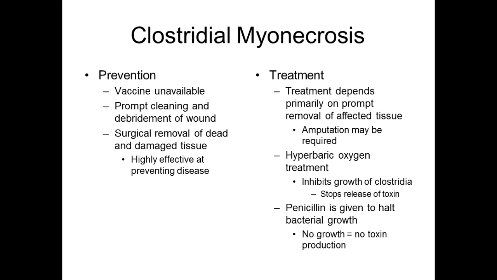And if it's too extensive of a damage, then it's more of a hindrance to the body than it's a help. Because of it being an anaerobe, oxygen under pressure conditions, so hyperbaric oxygen, is used as a treatment for a serious wound. And because of that influx of the oxygen, it's going to stop it from producing the toxins.